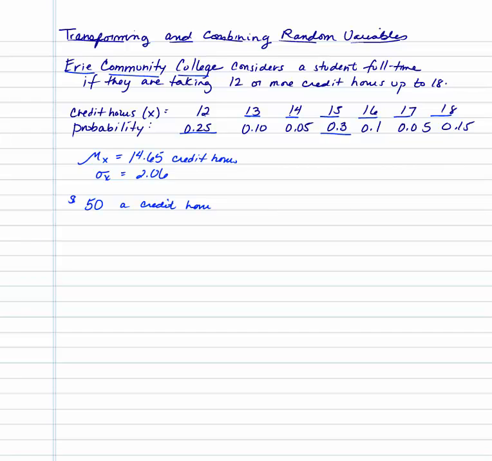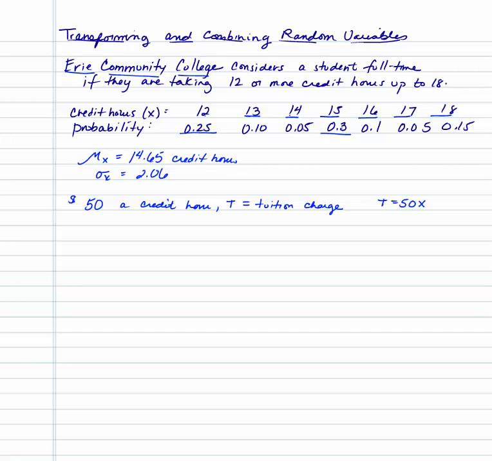Can you make a new table? And let's make T equal the tuition charge for a full-time student. So technically, 1 credit hour would be $50, 3 credit hours would be $150. So we're doing 50 times X to calculate what T is.